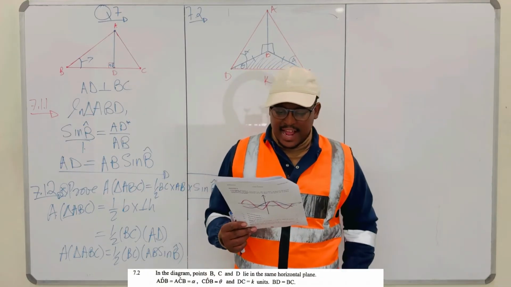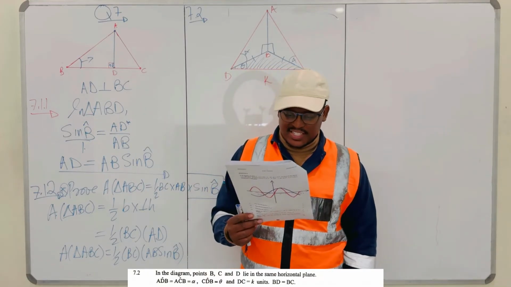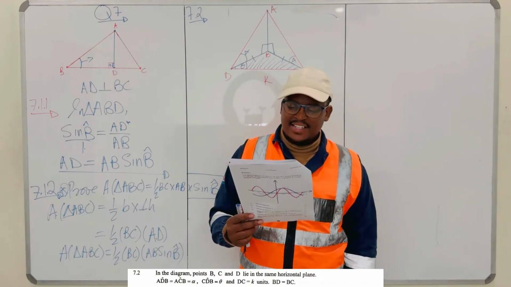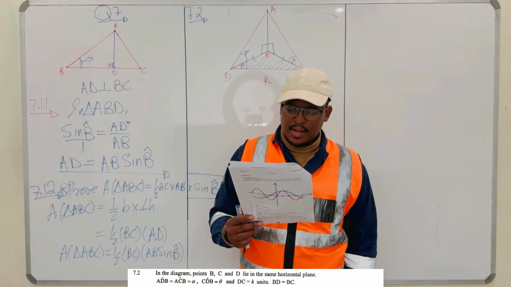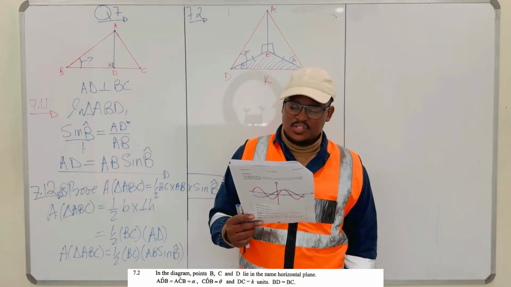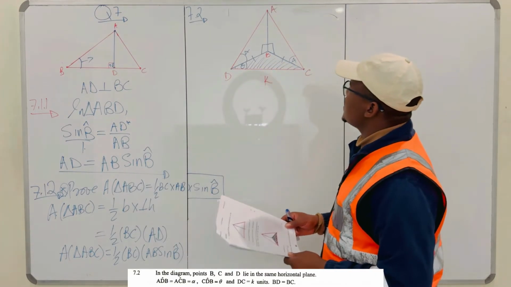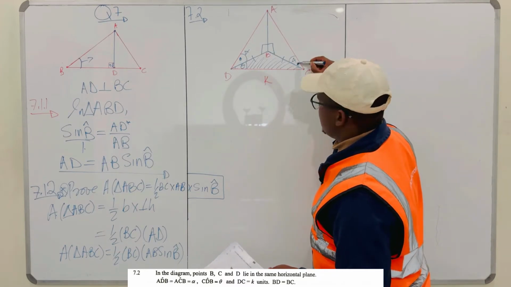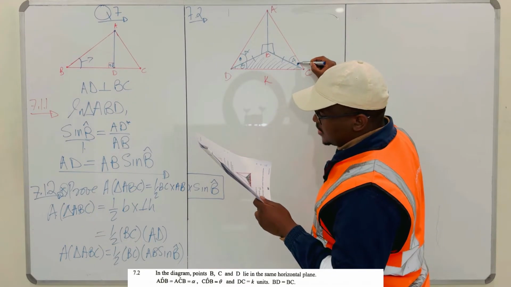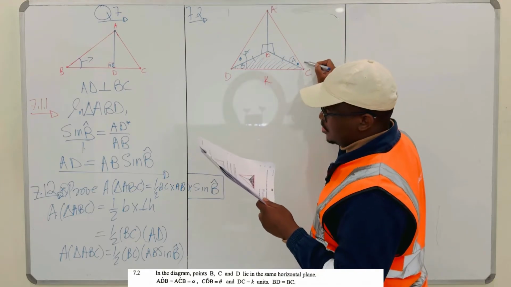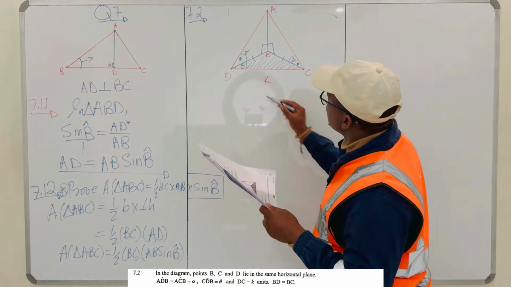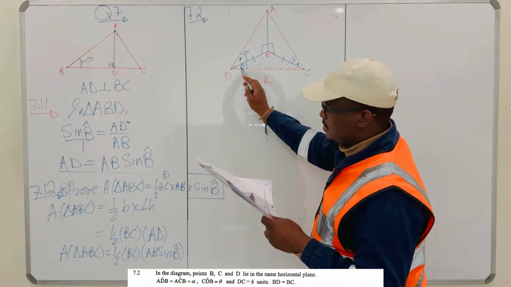And angle D, between CD and DB, is equal to theta, and DC is equal to K units. They also went on to say that BD is equal to BC. So this angle here is equal to this angle over here, and both of them are alpha. What else are they saying? This angle here is equal to theta.